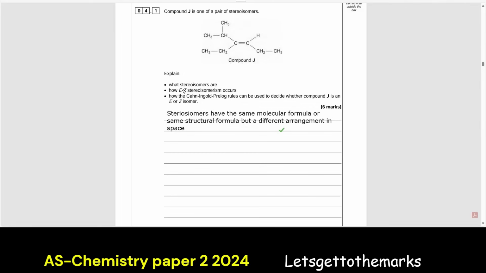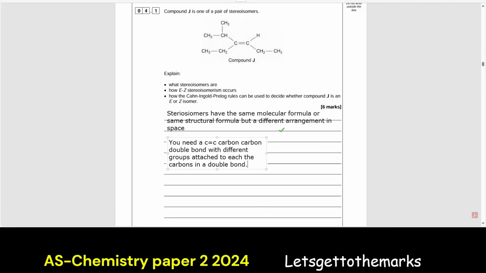Now, how does EZ stereoisomerism occur? In order for you to have EZ stereoisomerism, you need a carbon-carbon double bond with different groups attached to each of the carbons in the double bond.